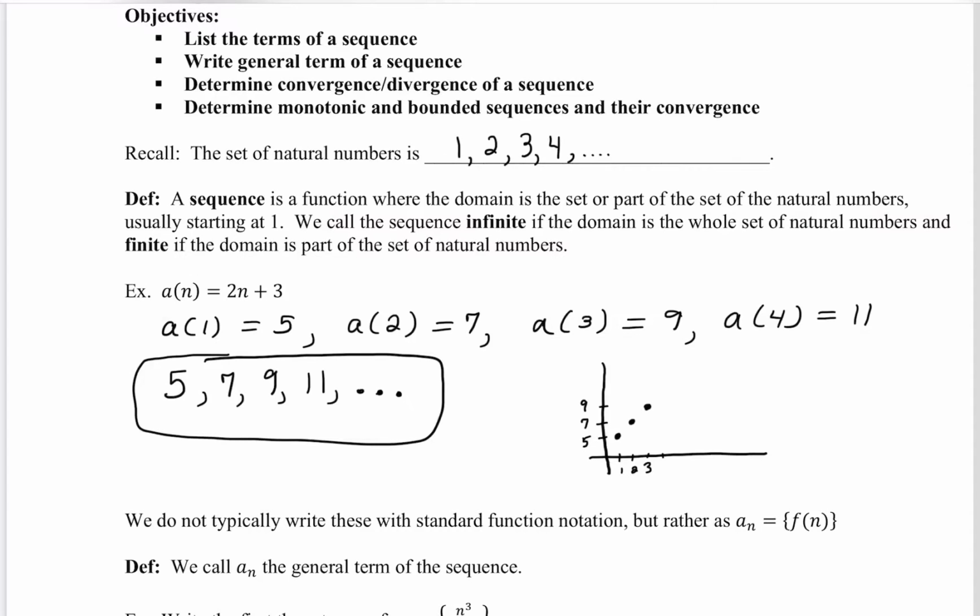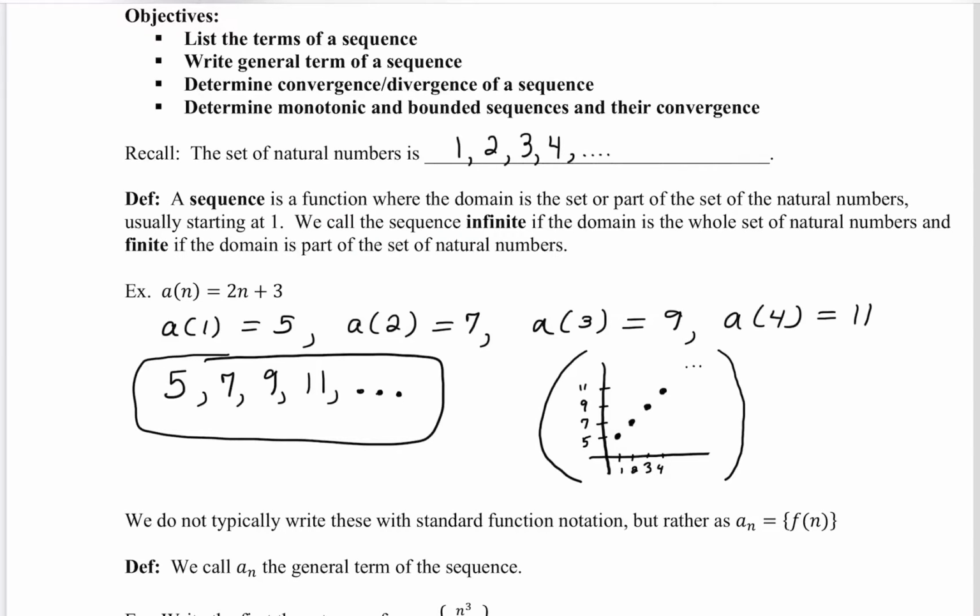I'll put a little dot, dot, dot there, but that would continue. So this sequence is like the graph of this line, but the main difference is that it's not all of the real numbers in the domain. It's just the values we get when we sub in the natural numbers.